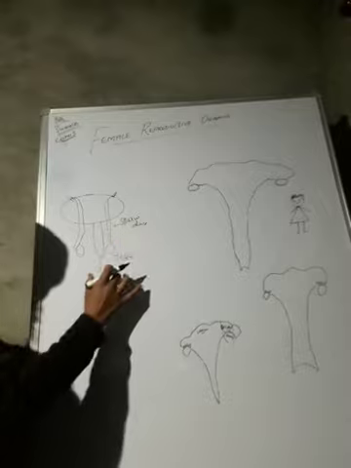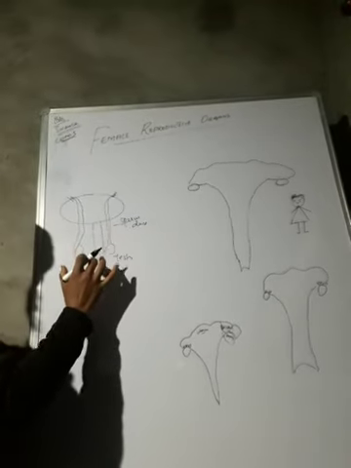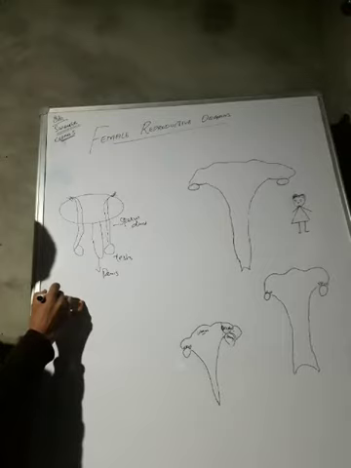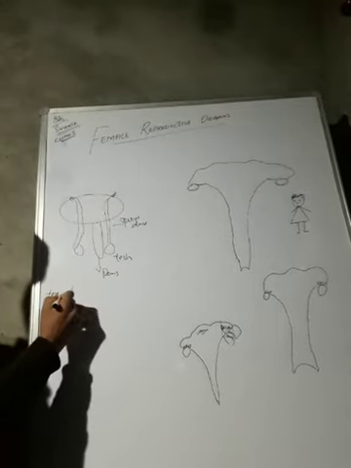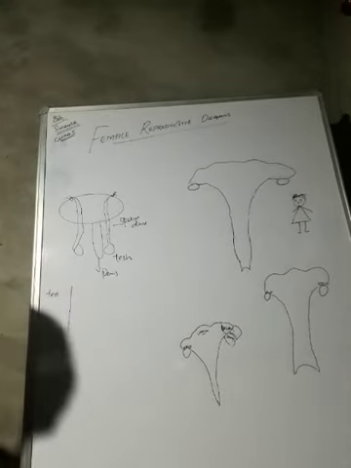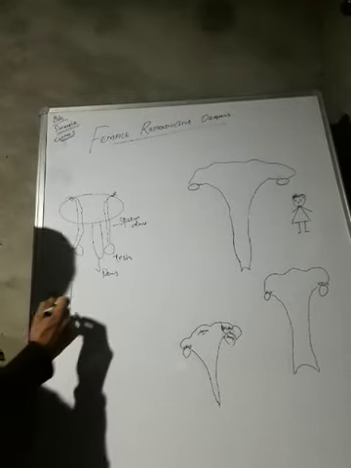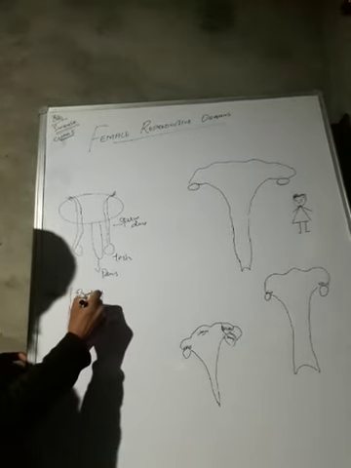These are the names of the organs of the male reproductive system, and we have already learned their functions. The function of the pair of testes is to produce the male gametes.